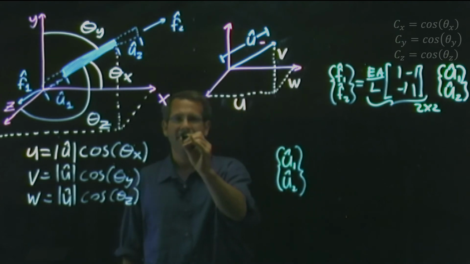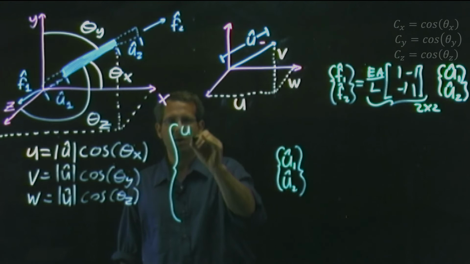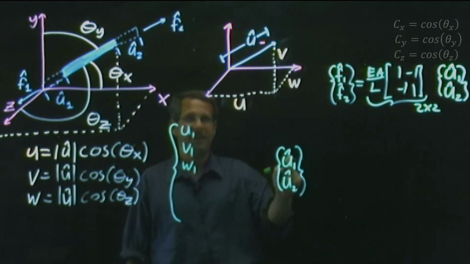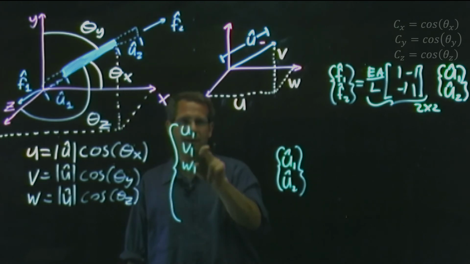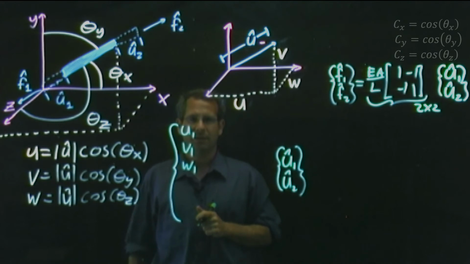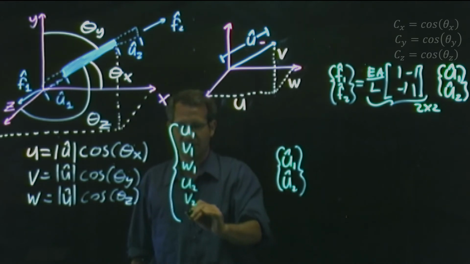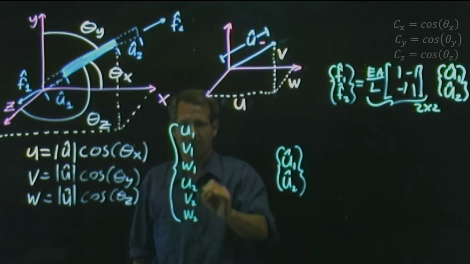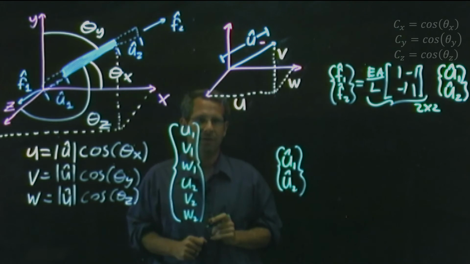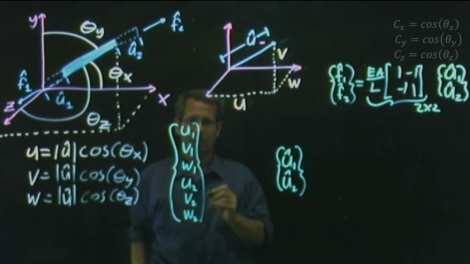What I'm saying is what I want is this vector: u1, v1, w1, the displacements of node 1 defined in the global coordinates, over u2, v2, w2, the displacements of node 2 defined in the global coordinate system.